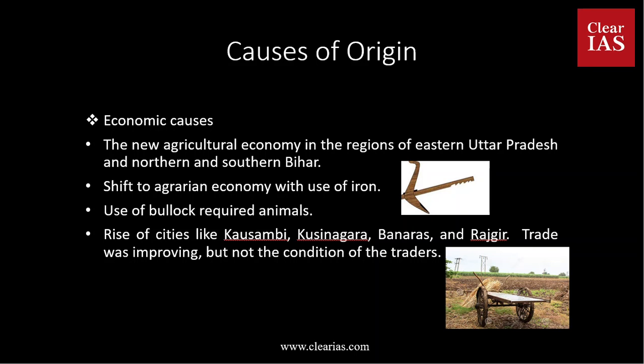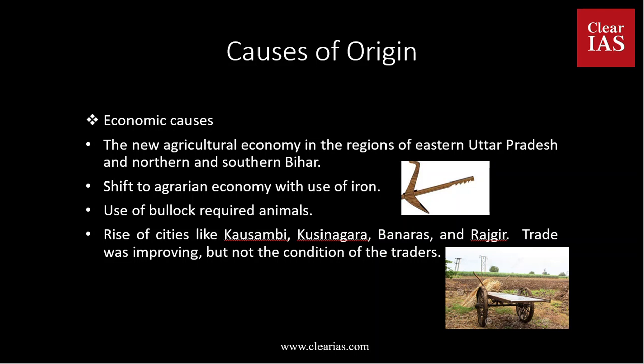Similarly, rise of cities like Kaushambi, Kushinagar, Banaras, and Rajgir was also seen at this juncture. Trade was improving, but not the condition of the traders. For example, if we speak about the four categories, the Brahmins occupied the ceremonial positions, the ones who officiated the ceremonies, and hence a very prominent position was given to them in the social hierarchy.